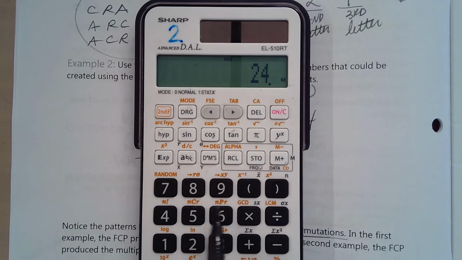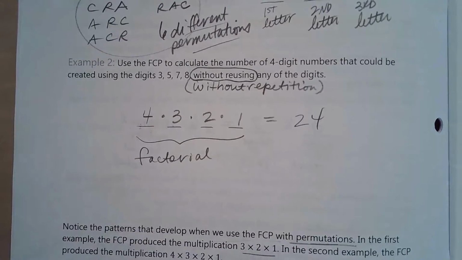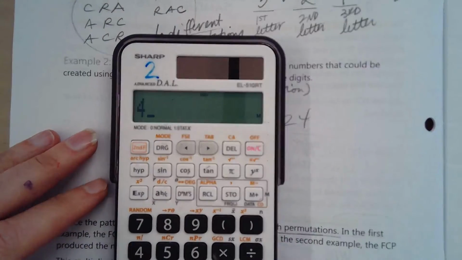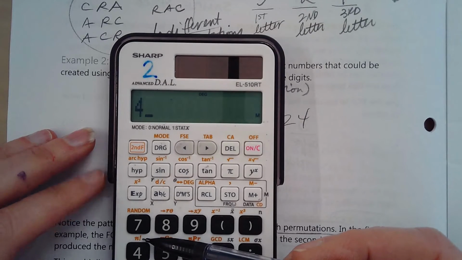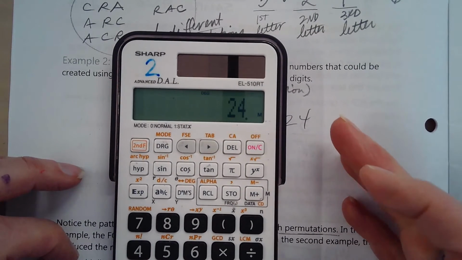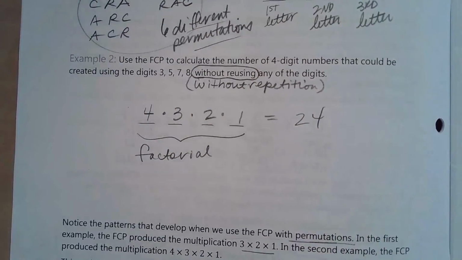You'll be using nCr and nPr soon as well. So if you look for that row, they're probably all going to be grouped together. See, mine's on my second row, so I have to use the second function. You get the exclamation. Okay?